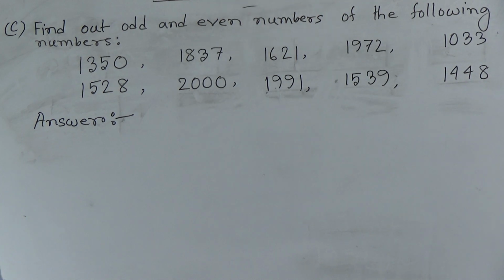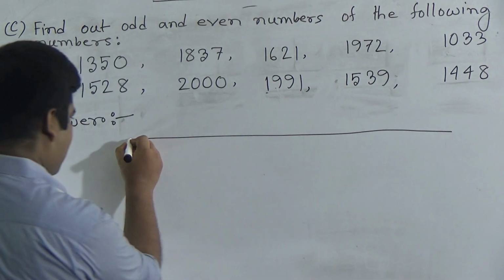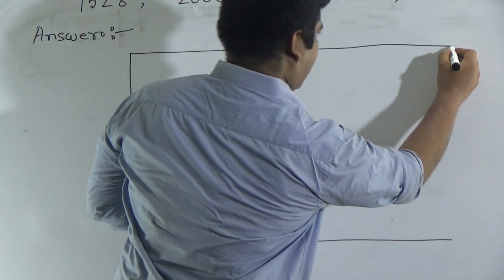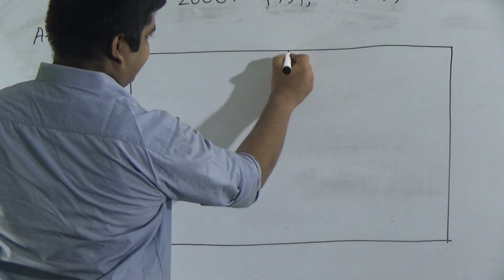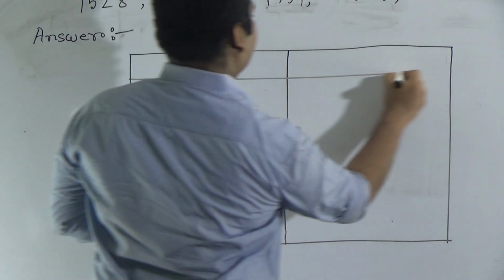So, let us start how to write our answer. At first, you write answer, then you draw a box just like this. We divide this box into two parts. Then we give a line.